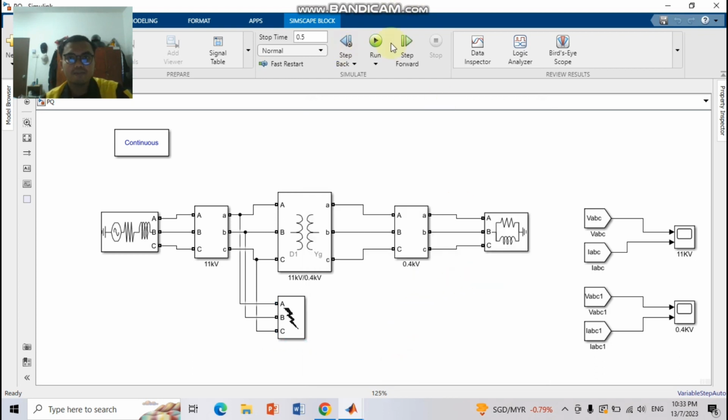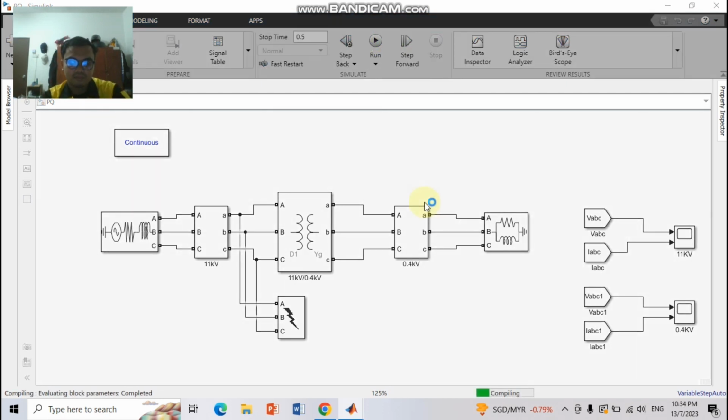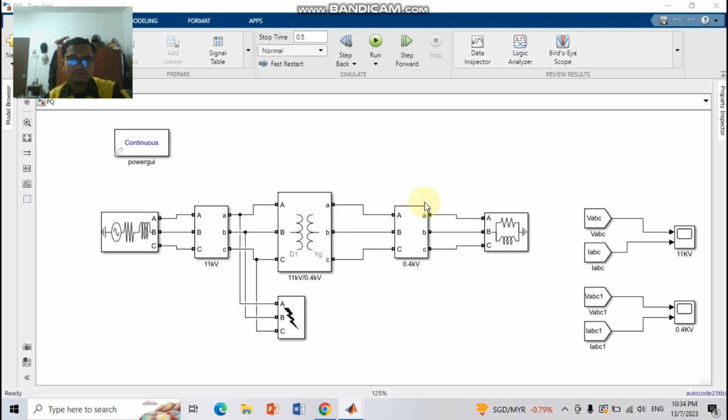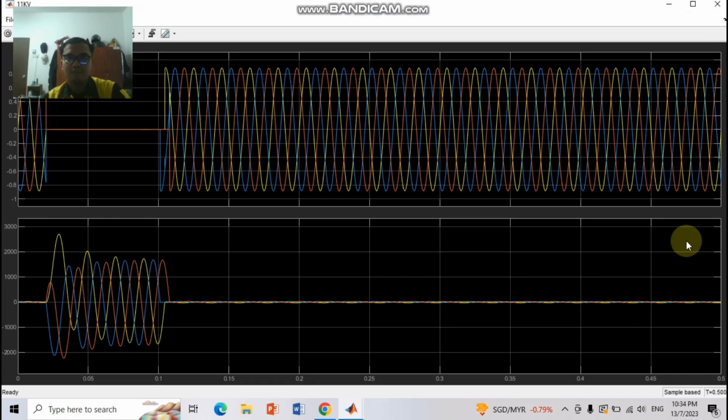So we have to run it. Once it is done running, we go to the scope for 11 kV.